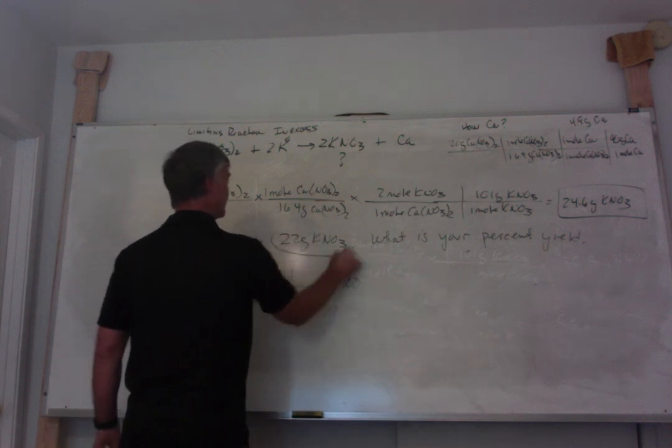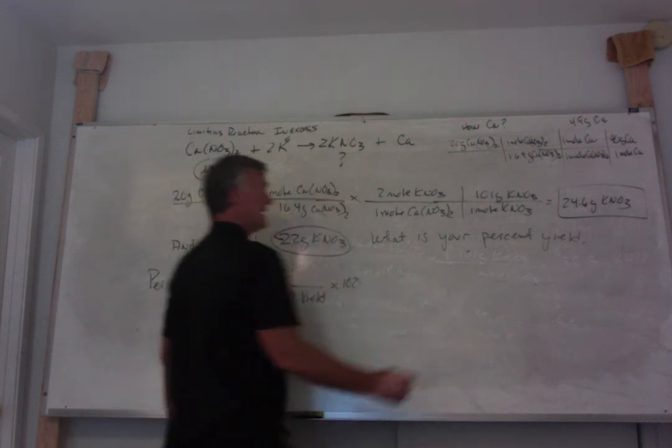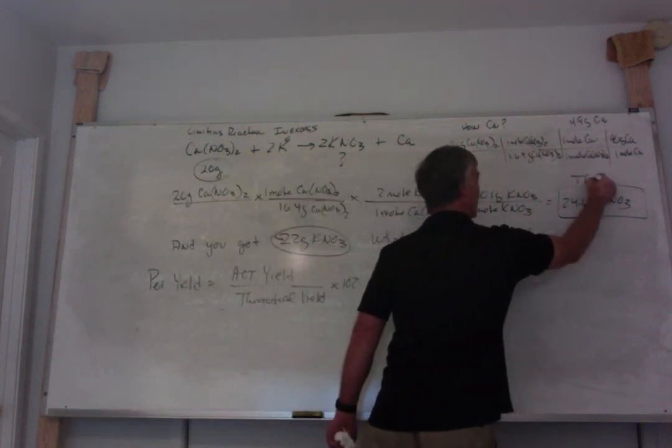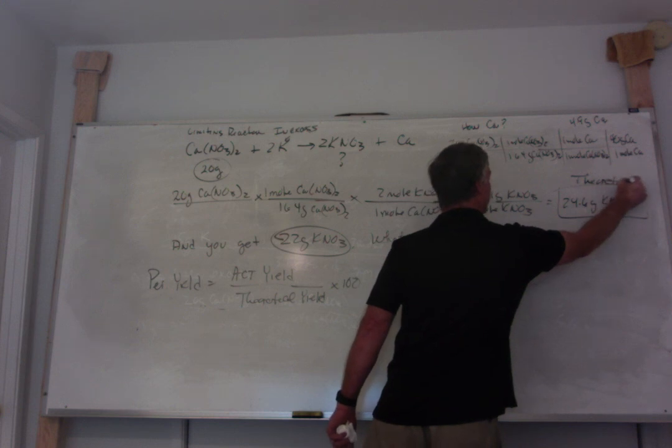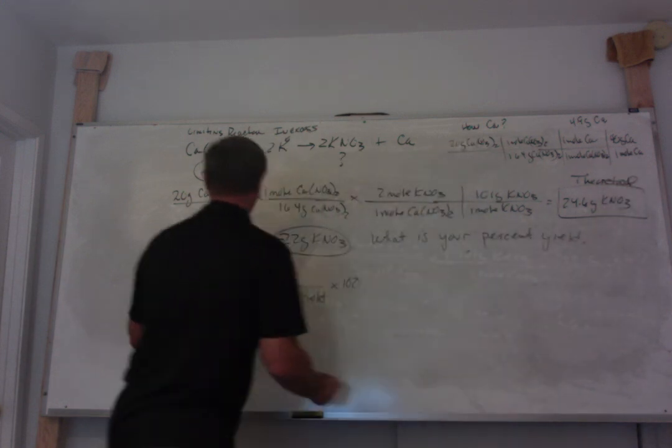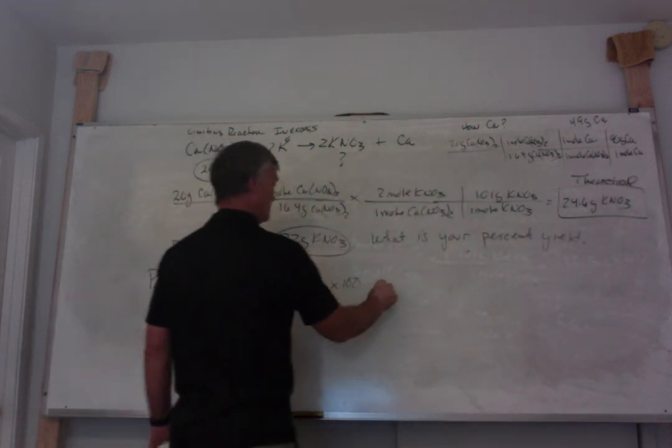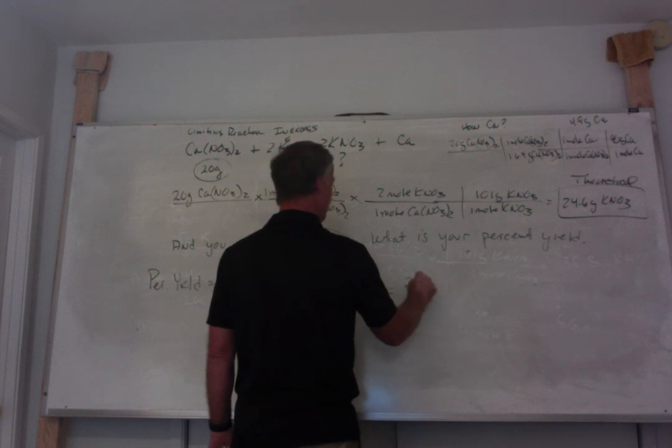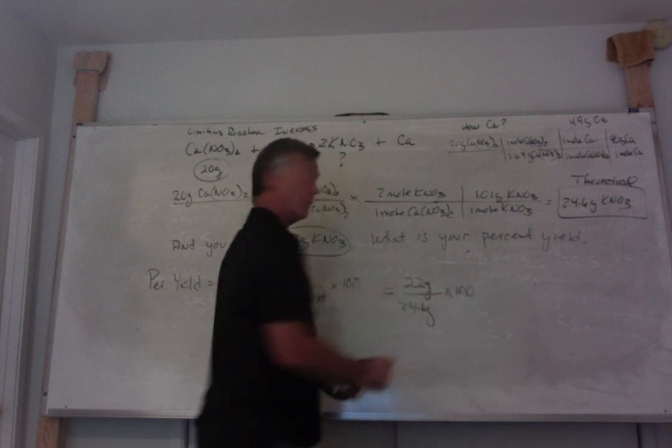This has to be given to you. That's the actual yield. And this is our theoretical yield. The theory is our stoichiometry. So on this problem, it would be 22 grams divided by 24.6 grams times 100.